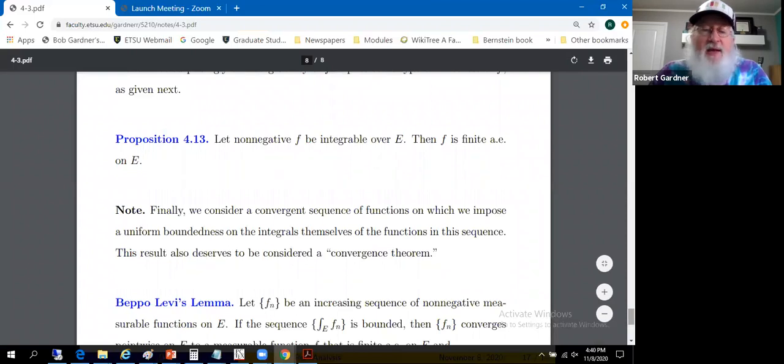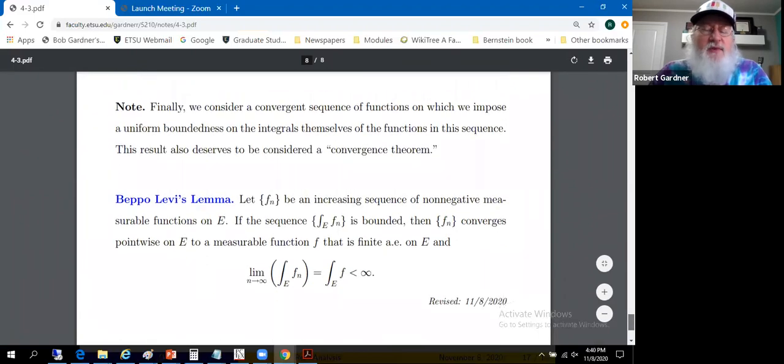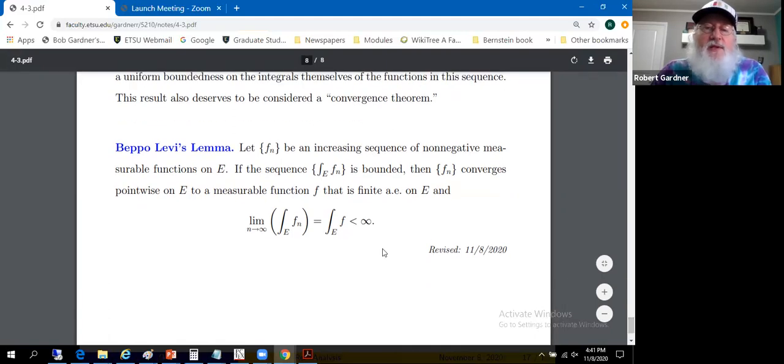One final result. I don't think this was in the previous editions of the books. It might have been. It deserves to be called a convergence theorem, I would say. It's called Lebesgue's Lemma. It says, let f sub n be an increasing sequence of non-negative measurable functions on E. If the sequence of numbers, the integral over E of f sub n, is bounded, then f sub n converges pointwise on E to a measurable function f.